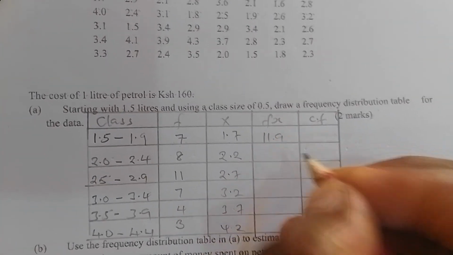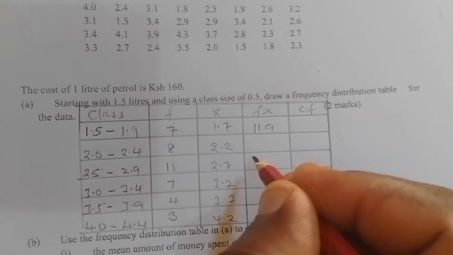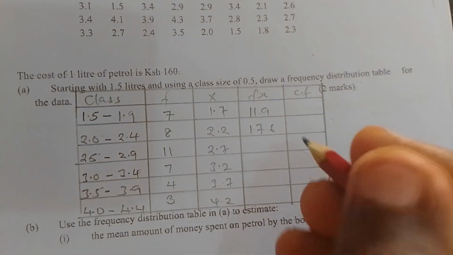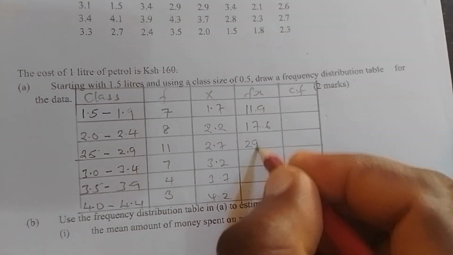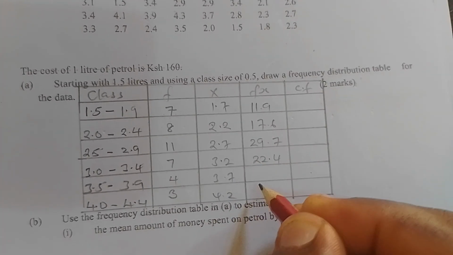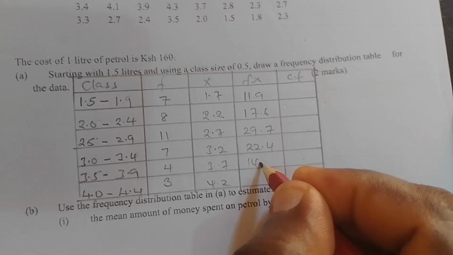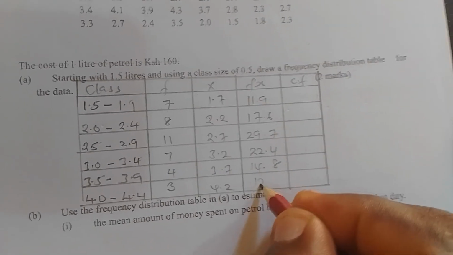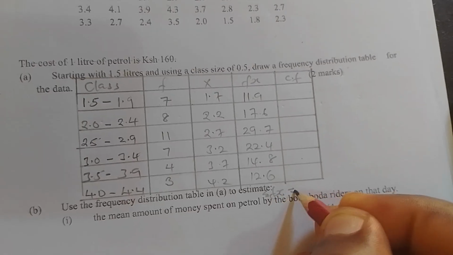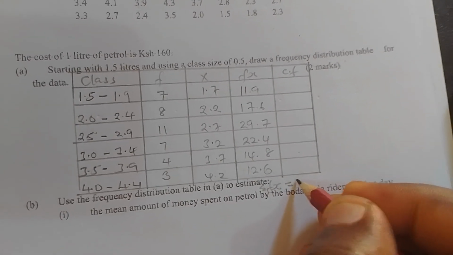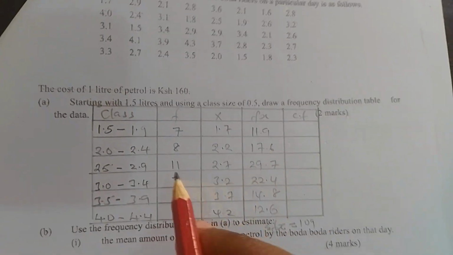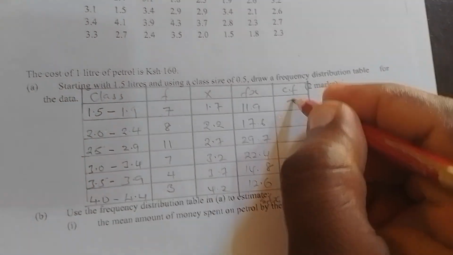So 11.9. Just go ahead. This will be 17.6. The next one will be 29.7, 22.4, 14.8, 12.6. So the summation of fx is therefore 109.